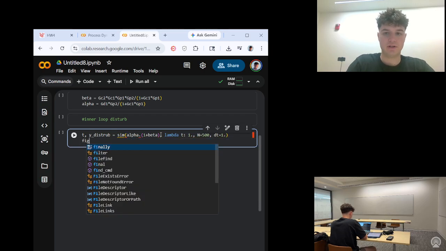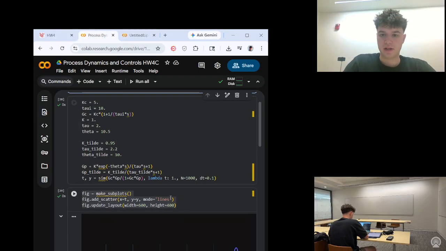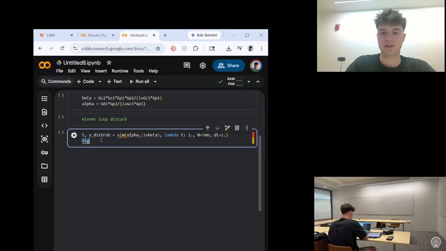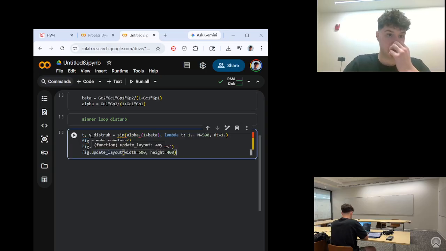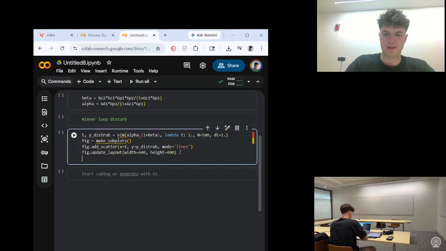Perfect. Now we need to do fig. Let's go back to this previous one, and we will copy one of these. Again, this is because I know that those don't have any syntax errors, so this is just like a skeleton, and we're going to fill the meat in. We want x to equal t. We want y to equal y disturb, mode lines, and then layout 600, 400, and then we want to show.